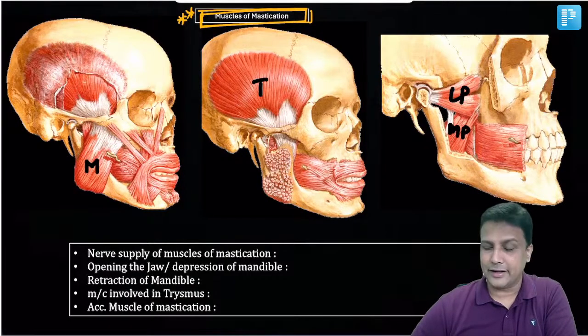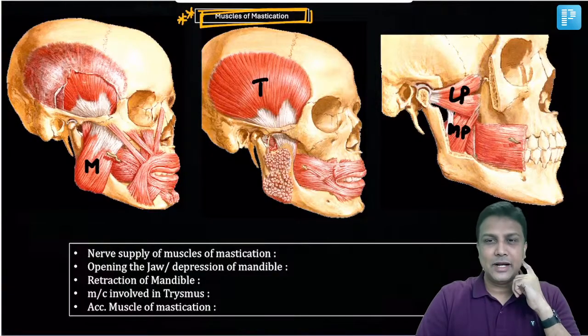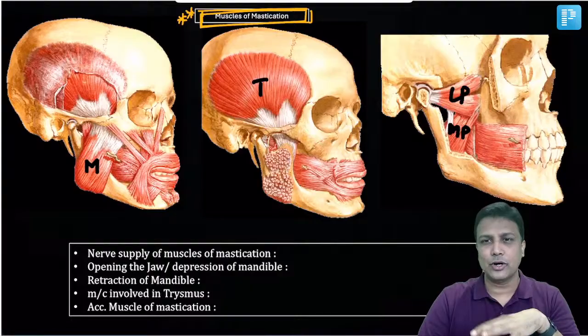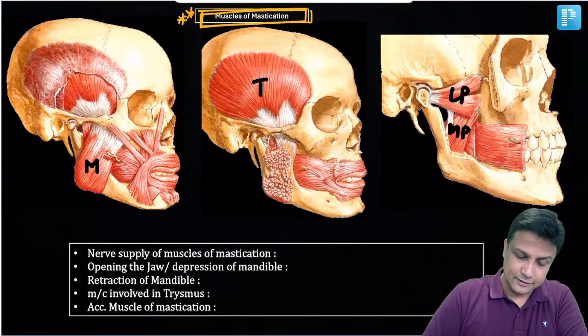Again, that is also attached to the ramus of the mandible, but from the inner aspect. So masseter here, temporalis here, the lateral pterygoid here, and the medial pterygoid, all these 4 are the muscles of mastication. Now, let me tell you the first MCQ here itself.